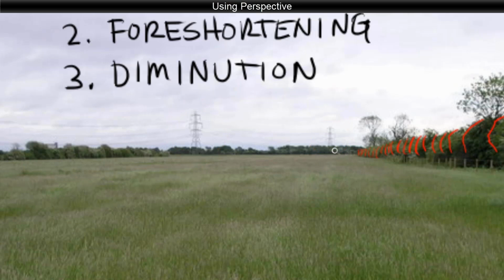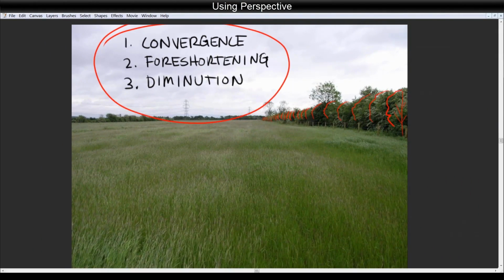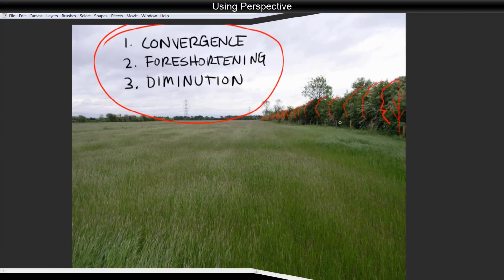So it's getting diminished a little bit in size and made smaller. So you'll want to use all three of these properties when you're painting your landscape, along with the landscape components that I pointed out just a minute ago. And that'll really help your artwork look a lot more realistic.